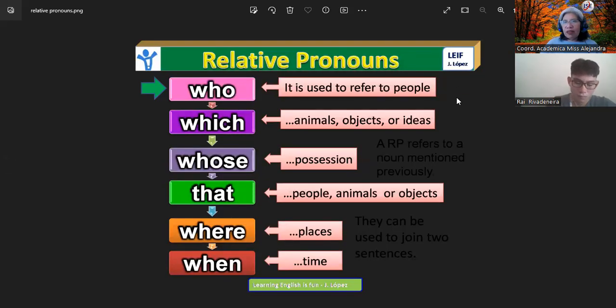Okay, here we have the same information: who for people, which for animals, whose for possession, that for people, animals, or objects, where for places, when for time. A relative pronoun refers to a noun mentioned previously, and they can be used to join two sentences. I like the cinema where we went, where we saw a movie last week.